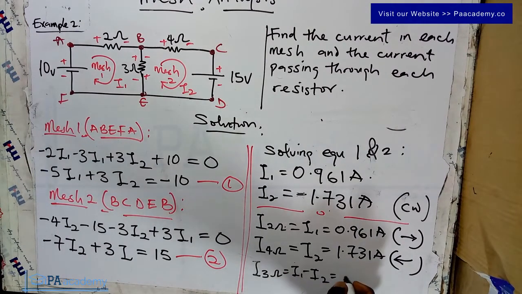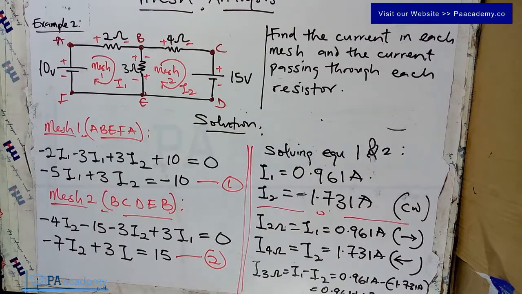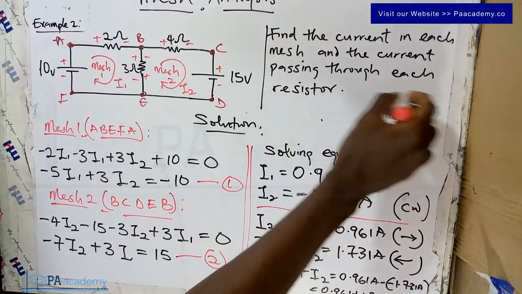So that will be 0.961 amperes minus 1.731 amperes. If you simplify this, it will give us 0.961 plus 1.731 amperes. Because of my space, let me continue here.